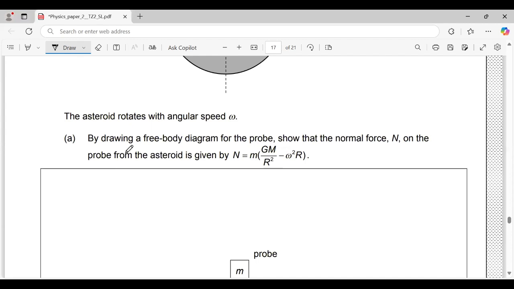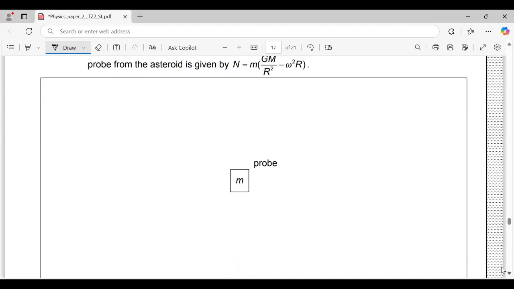By drawing a free body diagram for the probe, show that the normal force N on the probe from the asteroid is given by N equals m(GM over R squared minus omega squared R), right.